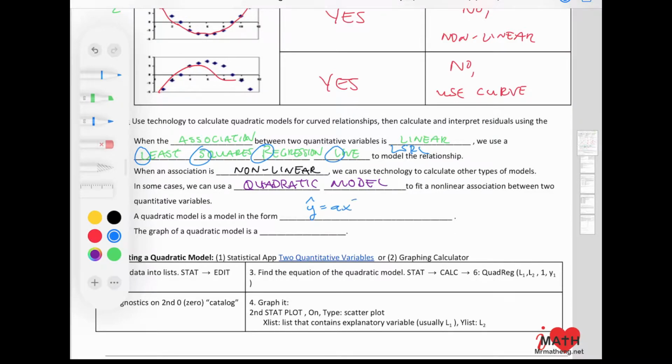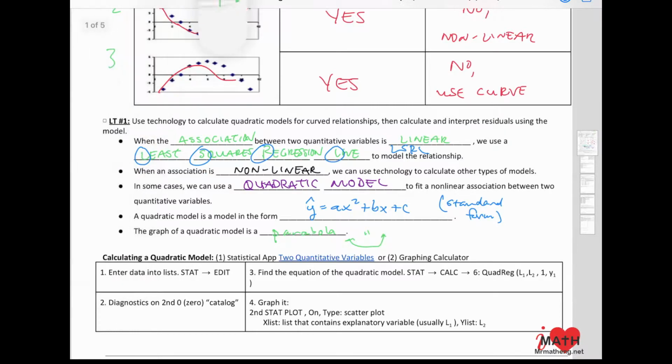This is the standard form of quadratics. You've been focusing on that for many years in high school and junior high, and the graph of the quadratic, you should know, is a parabola. Like this, right?